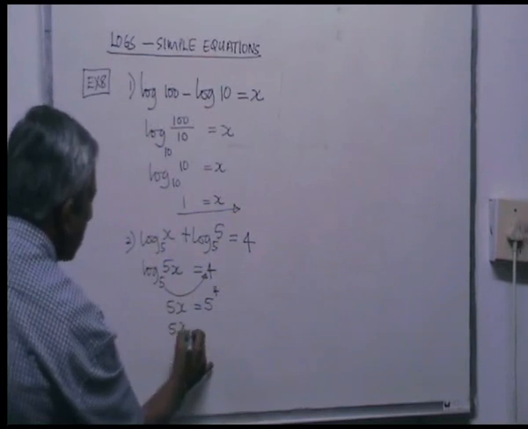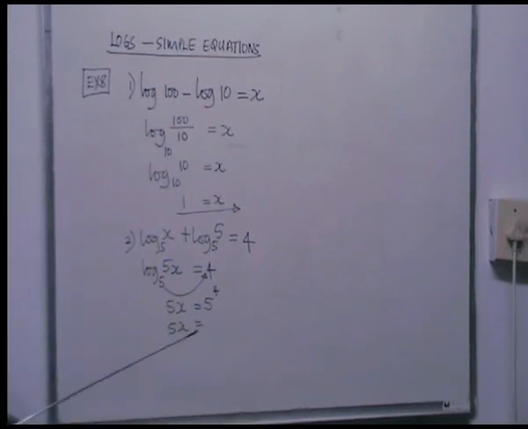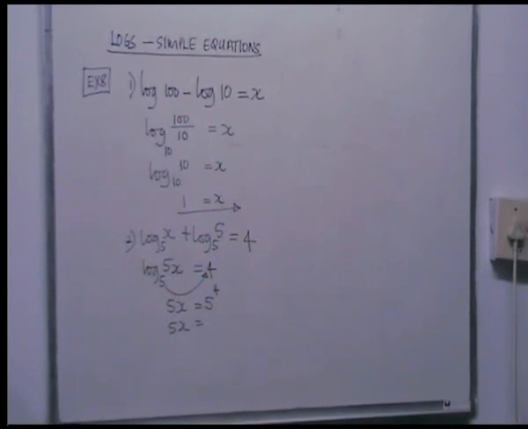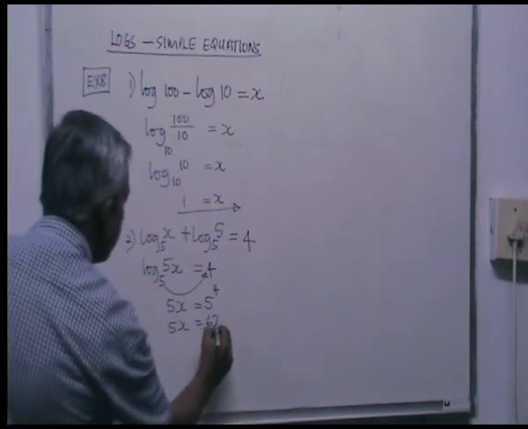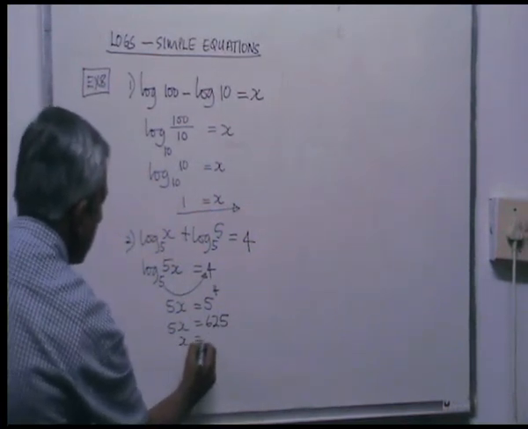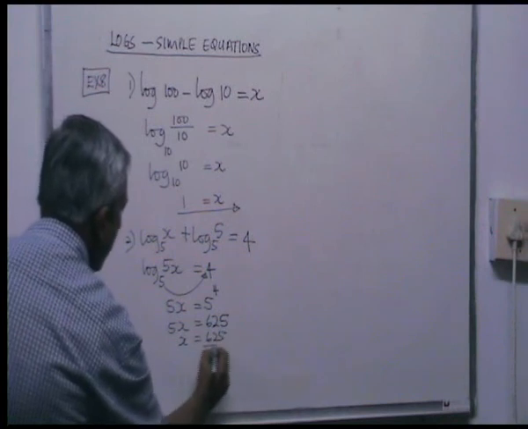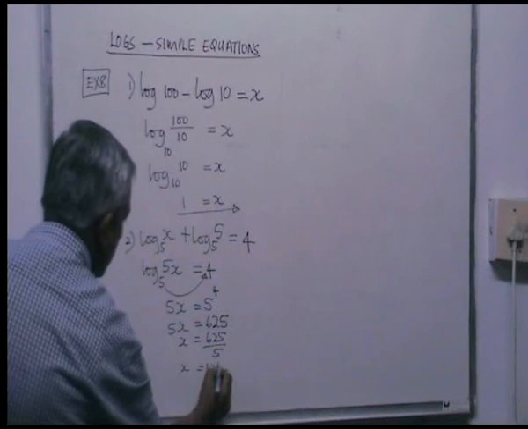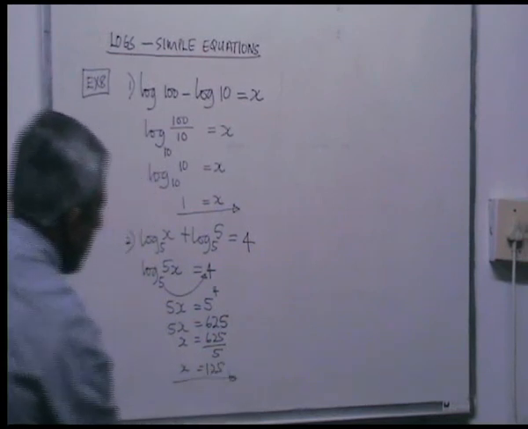You take your calculator and say 5 y to the x 4 is equal to, and you get 625. Now 5x is equal to 625, so x is equal to 625 divided by 5, which is 125. So x is equal to 125.